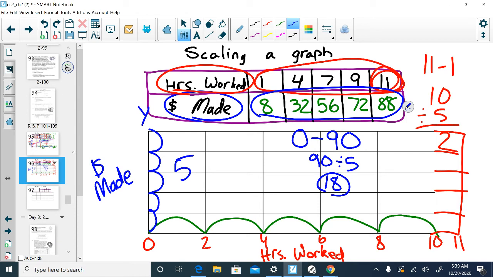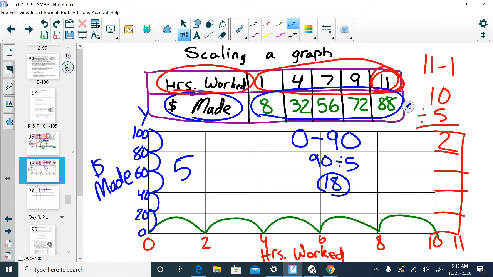So I could go up by 18 each time here on the y-axis, but I want to make it a little bit easier. So instead of choosing a weird number that ends in an 8, I'm going to just choose 20. So I'm going to start at 0, go to 20, 40, 60, 80, 100.